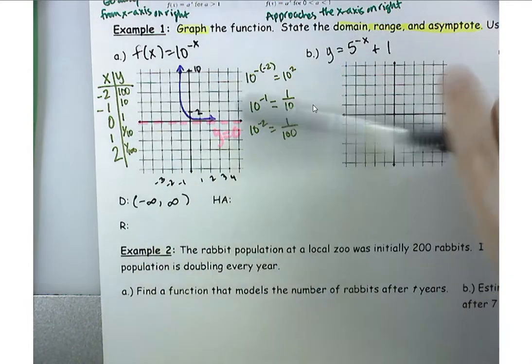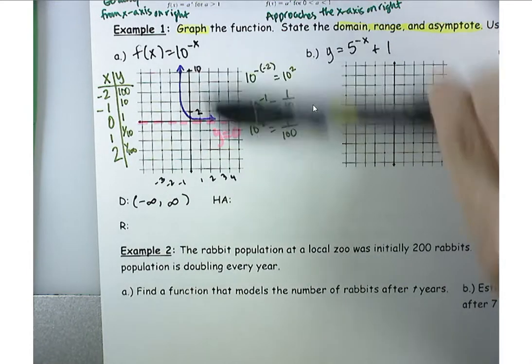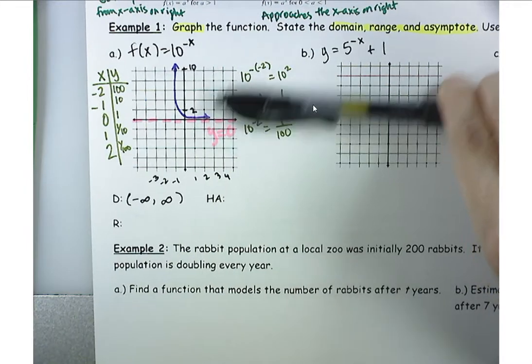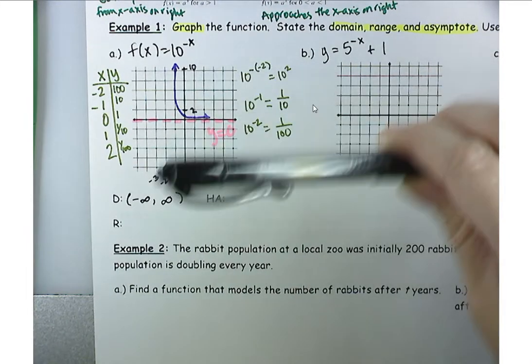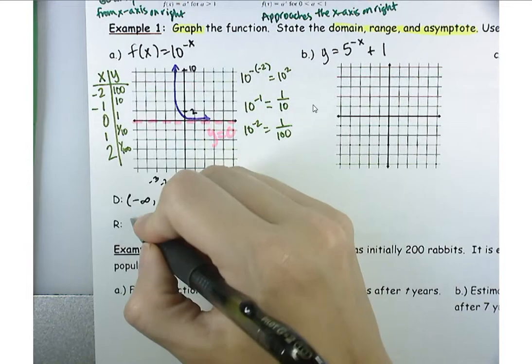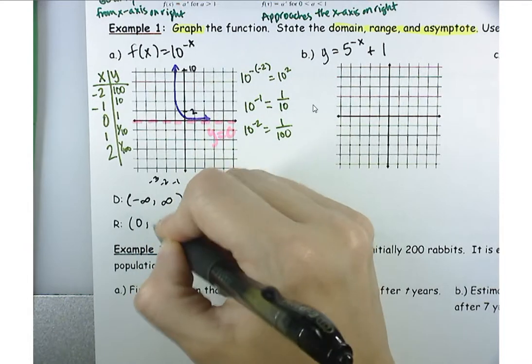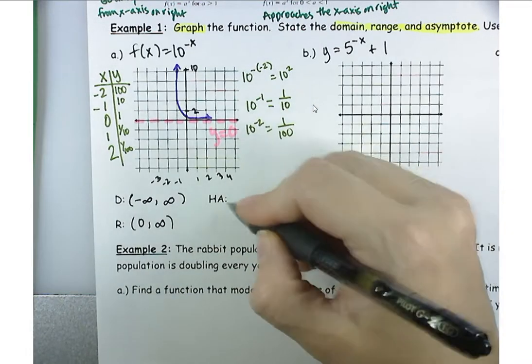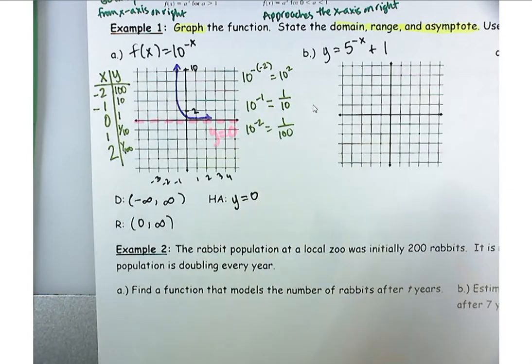For your range, you have to look and see where the points go. So see how it's getting closer and closer to 0? And then all the points are above 0? So then our range would be 0 to infinity. Okay, and then because they're getting closer and closer to the line y equals 0, that's going to be my horizontal asymptote.